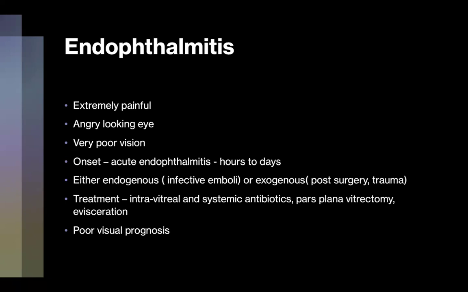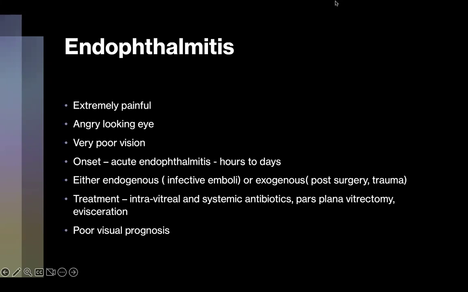Usually we divide the endophthalmitis into endogenous and exogenous. So the exogenous one is usually the most common, where it follows a surgery, intraocular surgery, or trauma. Endogenous one is from the patient's own body, like indwelling catheters or cardiac endocarditis, infective emboli shooting into the eye.